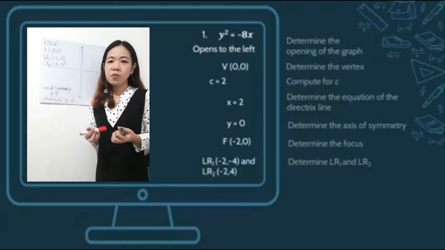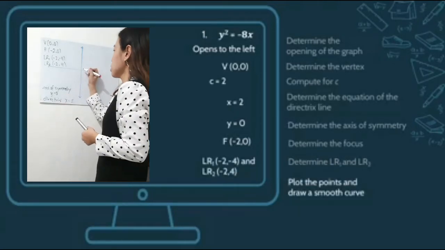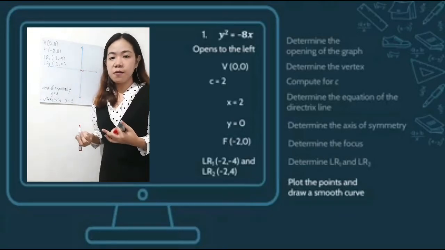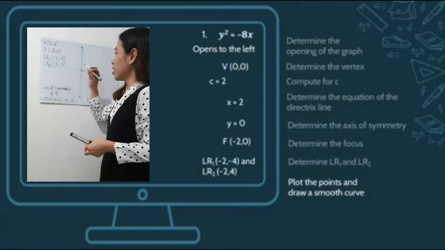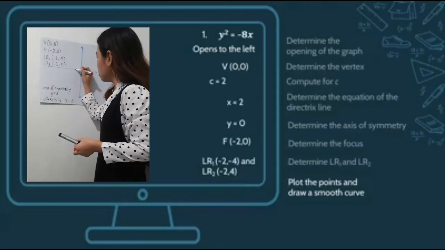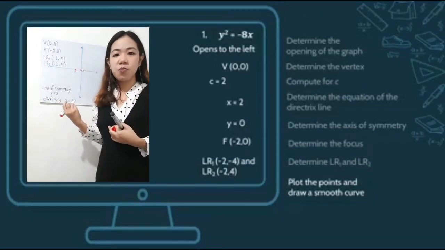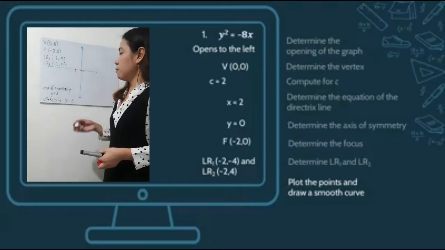Okay, let's now plot the points on the Cartesian coordinate plane. Let's start with the vertex at (0, 0). Let's name it as point V. And then we have the focus at (-2, 0). So 1, 2, let's say we have here -2. Let's name that as point F. Then we have LR sub 1 at (-2, -4).